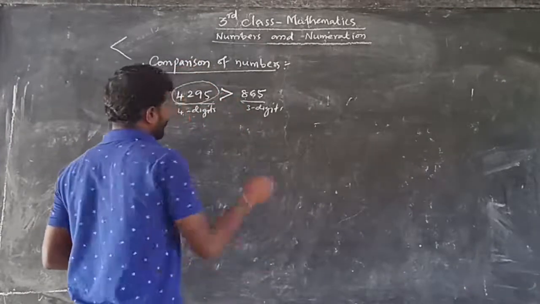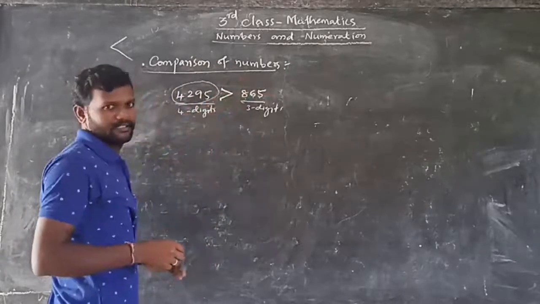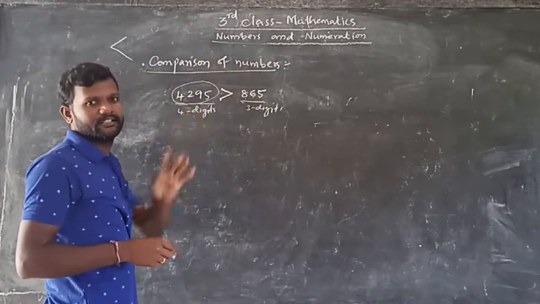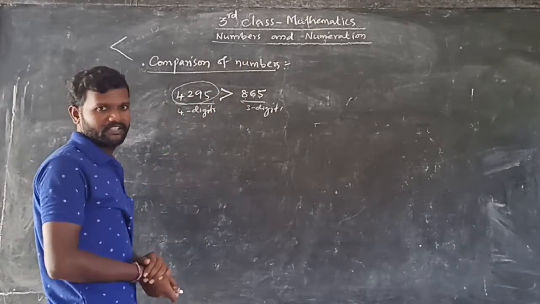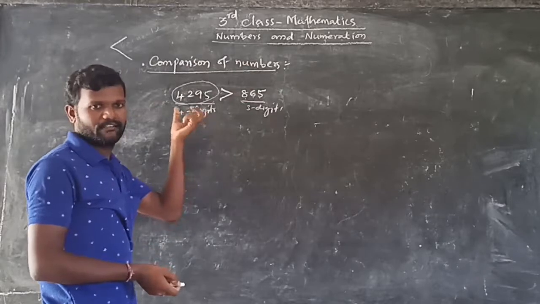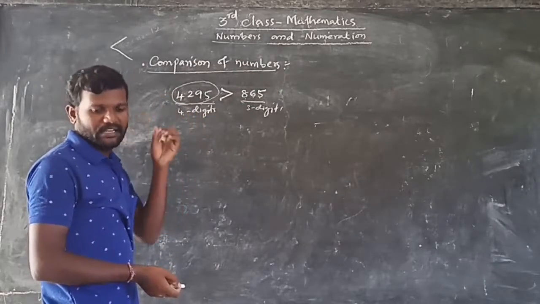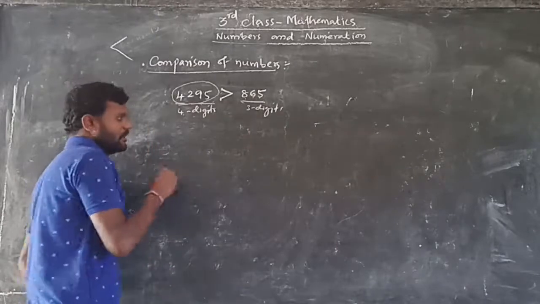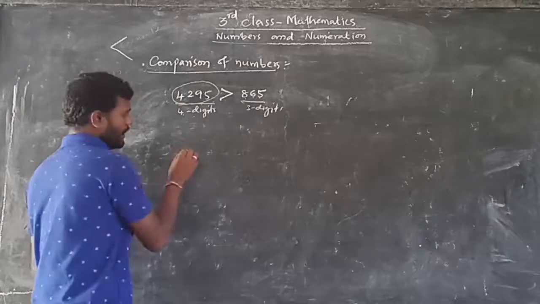Now, a 4-digit number is always greater than a 3-digit number. If there are different numbers of digits, we can say directly that the number with more digits is the greatest number.